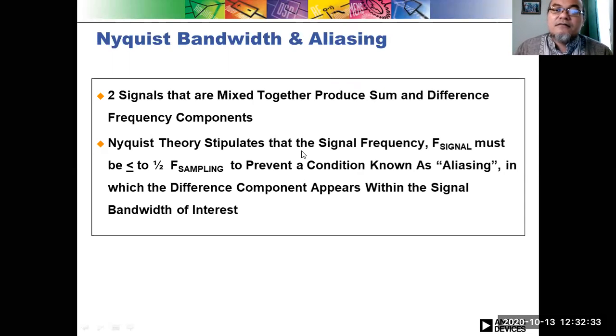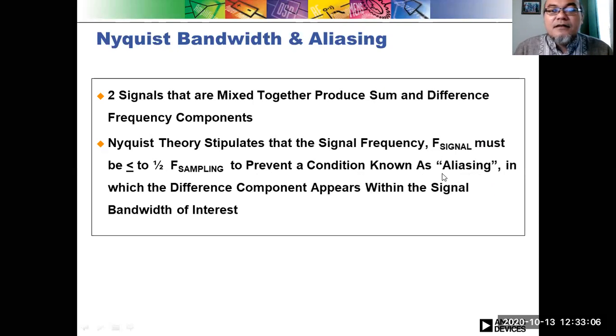Nyquist theory, better mentioned as Nyquist channel theory, stipulates that the signal frequency F signal must be less than or equal to half the sampling frequency to prevent a condition known as aliasing, in which the difference component appears within the signal bandwidth of interest. So what appears is not the bandwidth that we want to take, but something else. Okay?